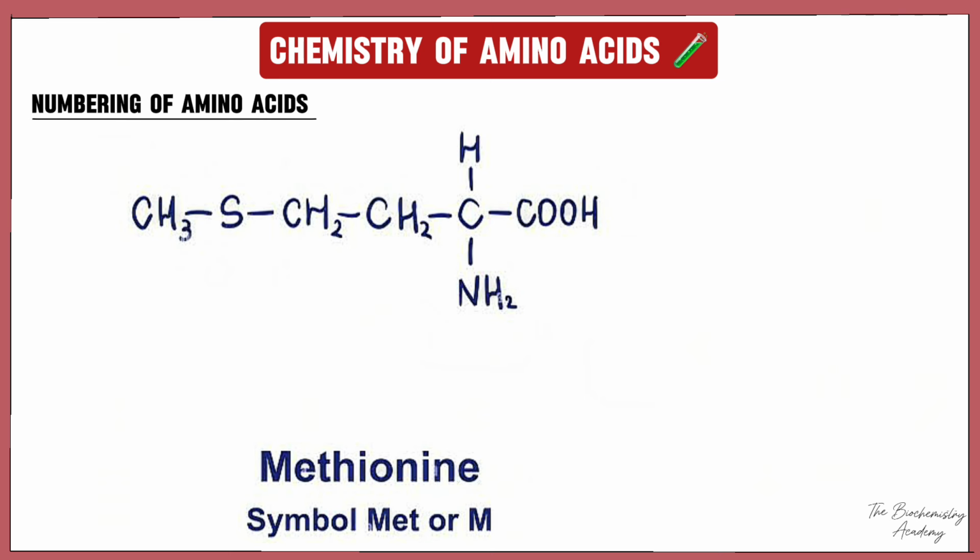The numbering starts from the carbon of the carboxylic group, starting from 1, 2, 3, 4, 5, and at the alpha carbon, it is called alpha, then next is called beta, gamma, then delta.